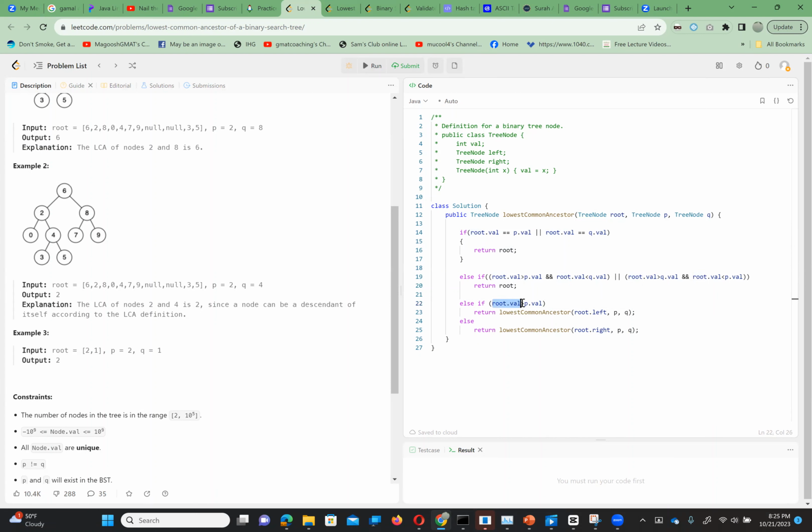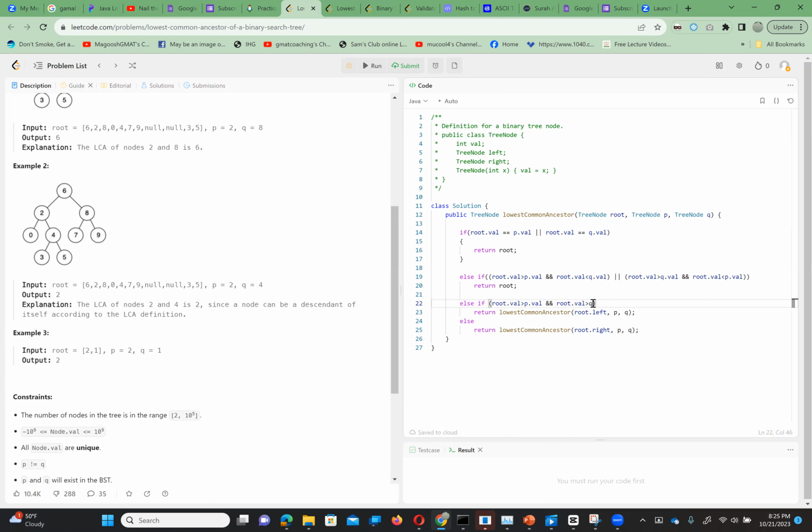Else if root's value is greater than P's value, okay, then, and obviously I didn't write this. I could just write this. This is more clear. Greater than Q. Why didn't I write this?